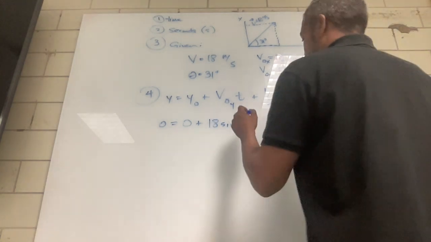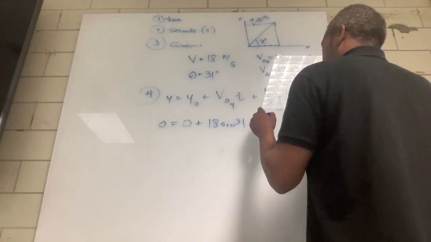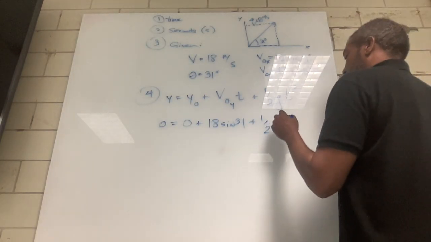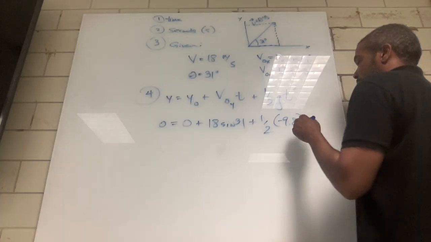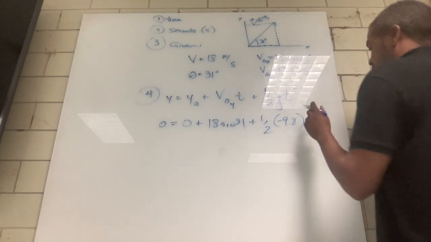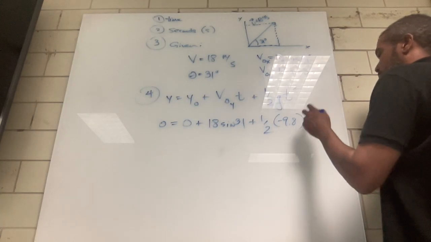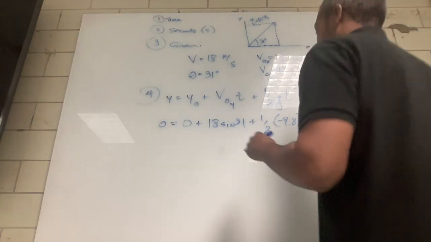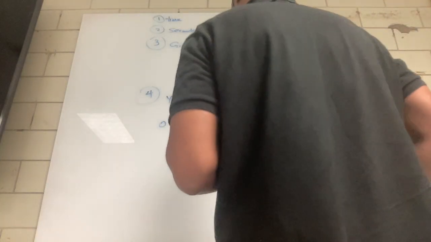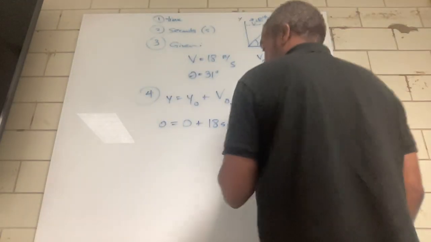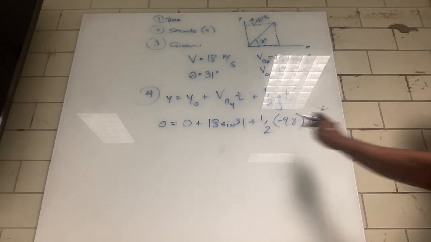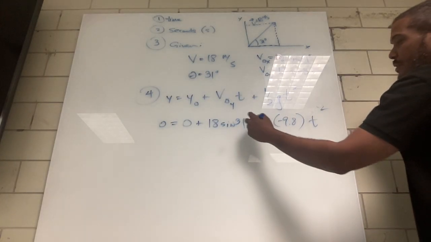And we're going to have plus 1/2, let's see, negative 9.8, and we're going to have t squared here. So everybody following what we did here? This is 18 sine 31 t.